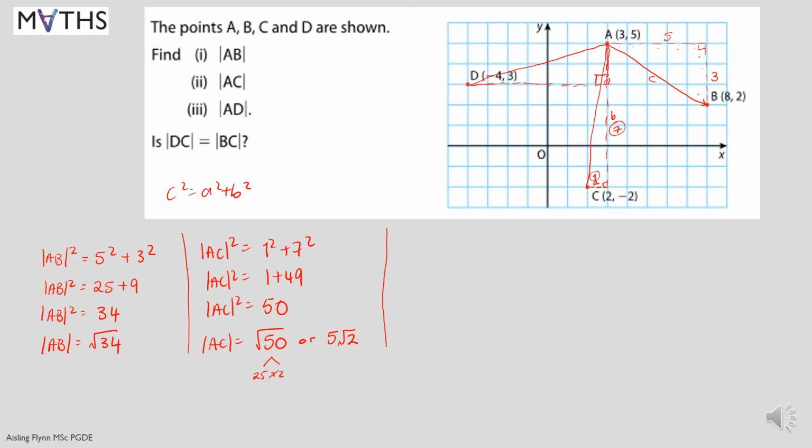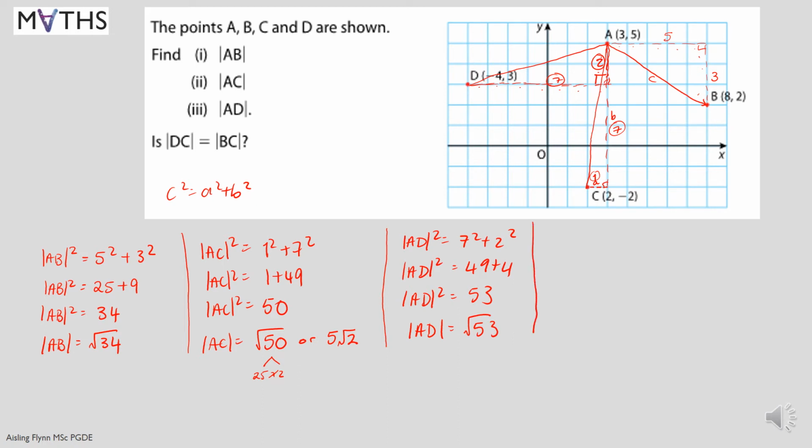So horizontally we have 1, 2, 3, 4, 5, 6, 7 units, and we're going up 2. 7 and 2 for a and b. Okay, and next we will square those numbers. 49 plus 4, AD squared is 53, and AD will be the square root of 53.